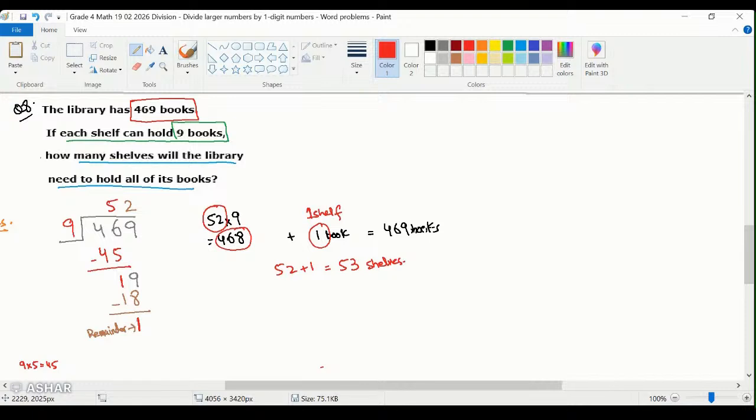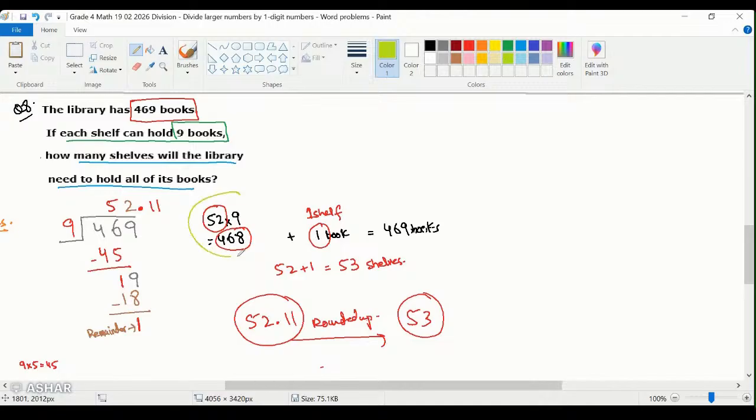Yes, Ediboy, your answer was coming out to be 52.11, right? So I told you that 52.11 will always be rounded up. It will become 53, because in 52 shelves, you can only put 468. Okay, I'll show you through the working.